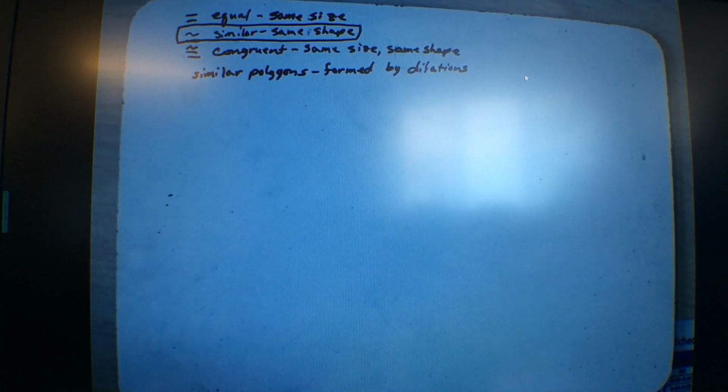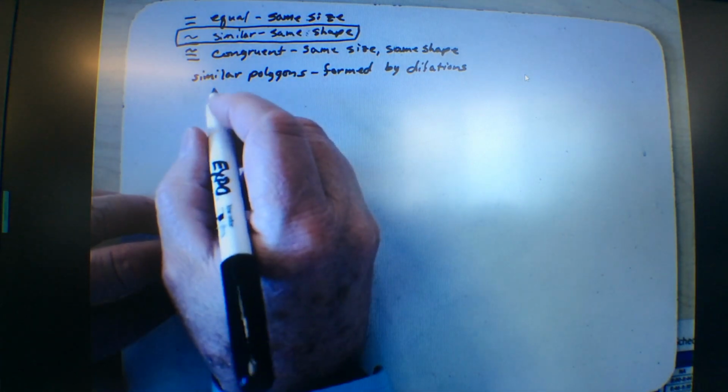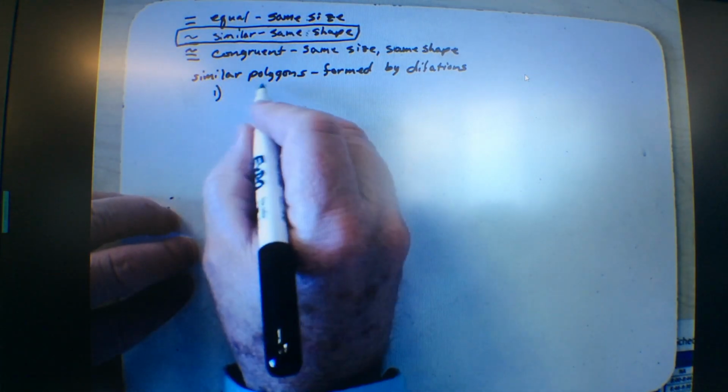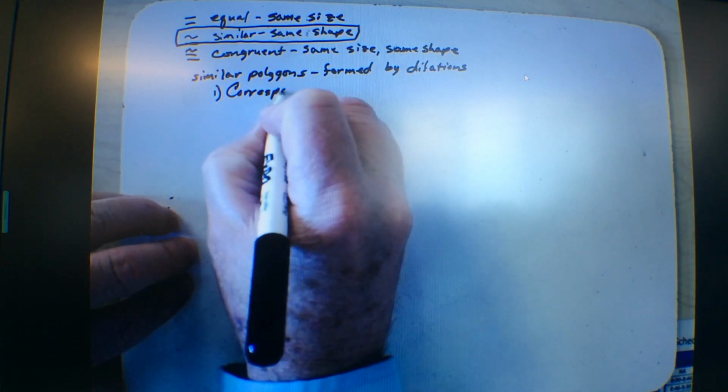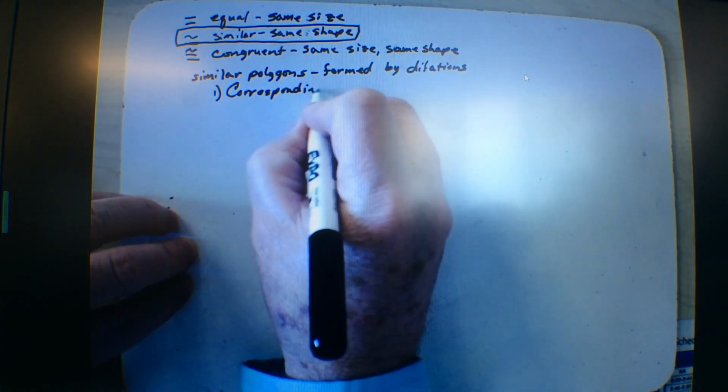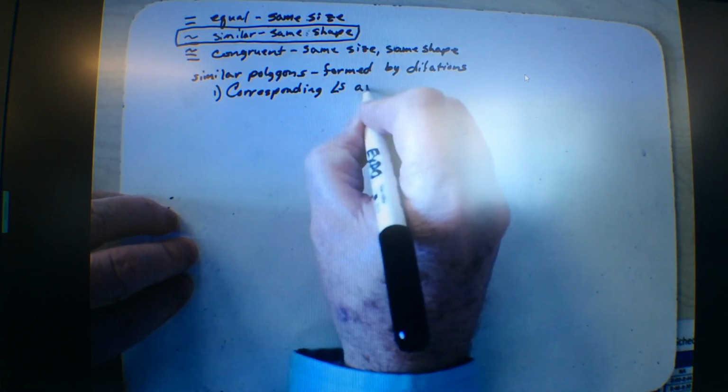If you take a look at example 1, it says determine whether the given polygons are similar. You can look and see how one can be transferred over to the other by a dilation. We're not going to spend a lot of time on that. What we're going to spend a lot of time on is what it means to be similar. There are two things that happen in similar polygons. Number one, corresponding angles are congruent.